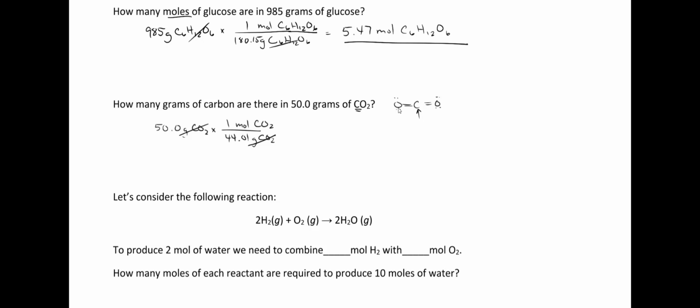So we could reinterpret this as just saying every 1 mole of carbon dioxide has 1 mole of carbon in it. We did something similar a little while ago. So we're just going to go ahead and add that so that we can get rid of all the parts except for the carbon. So 1 mole of carbon dioxide has 1 mole of carbon in it.